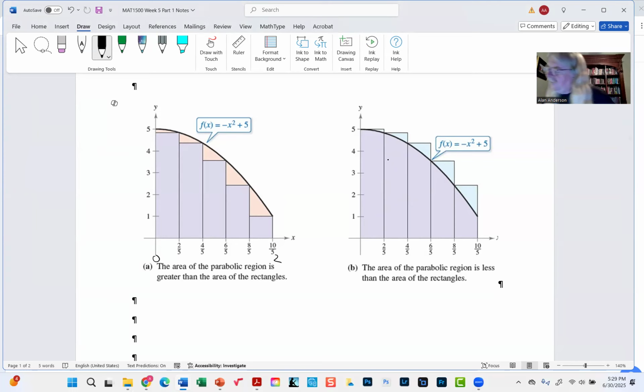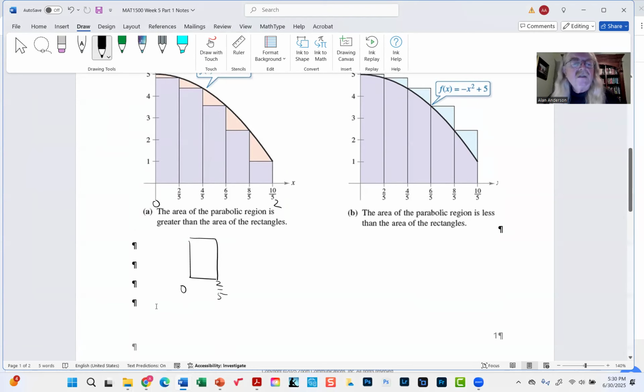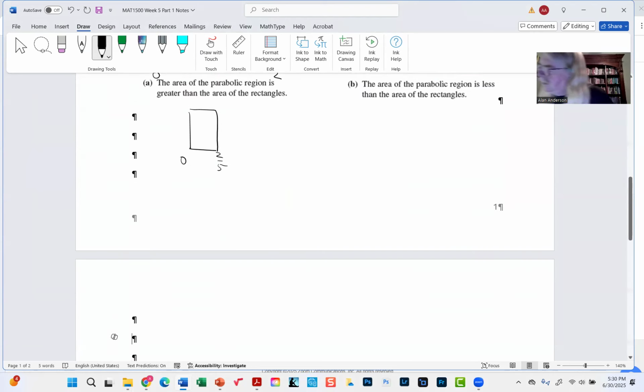In the graph on the left, within each of these rectangles, let's look at this one. This one runs from 0 to 2/5. This is our left endpoint, and this is our right endpoint.